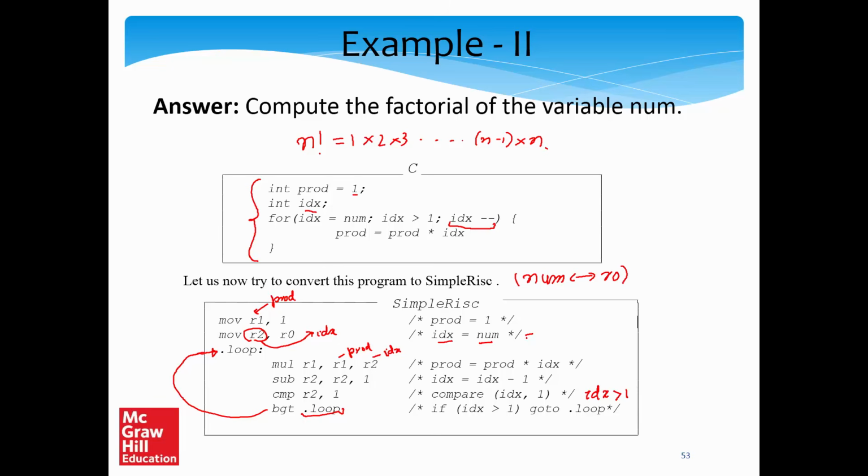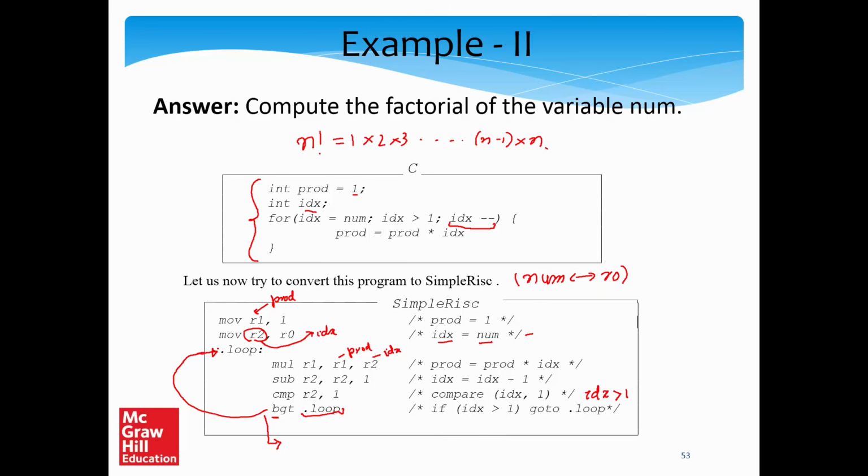If you have reached the exit condition, which is if R2 is equal to 1, then we can exit the loop. The BGT instruction over here will evaluate to false, so we'll just simply fall down and evaluate the next instruction. Otherwise, if the index is still not equal to 1, we need to do another iteration of the loop, so we will jump to .loop. Similarly, the loop will continue for num minus 1 times till the factorial computation is over.